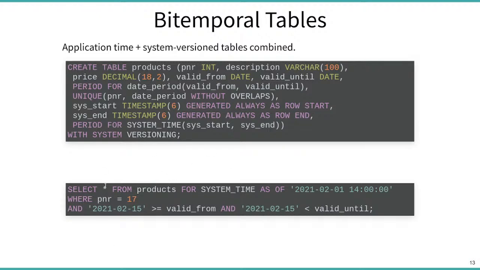Select price from products. Give me the price of the products for system time as of 1st February for product 17, and then this interval. What does this query mean?